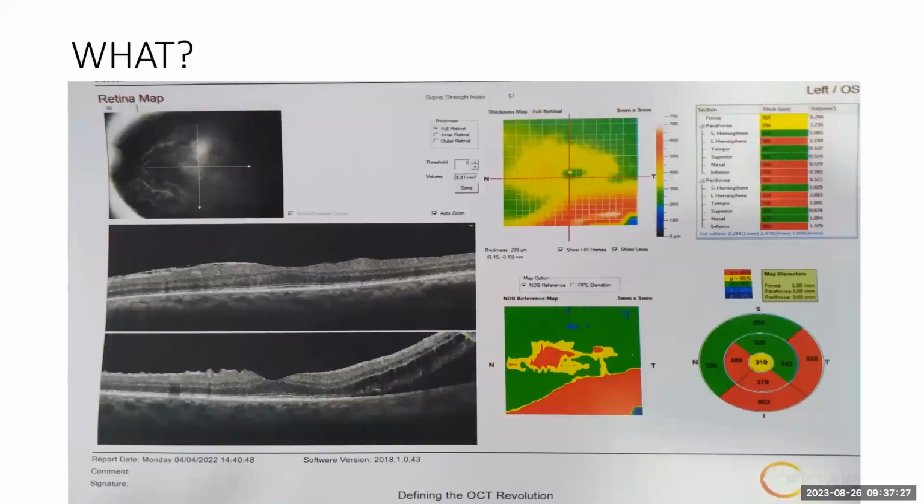So this is an inferior RD in a known diabetic. So you can understand the membranes, the corrugation, and the retinal detachment. In this eye, you may see no hole. So it's a fractional retinal detachment, and it was inferior.